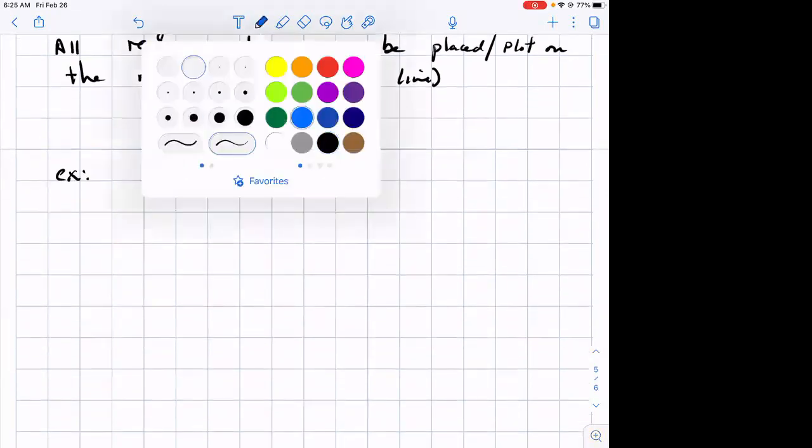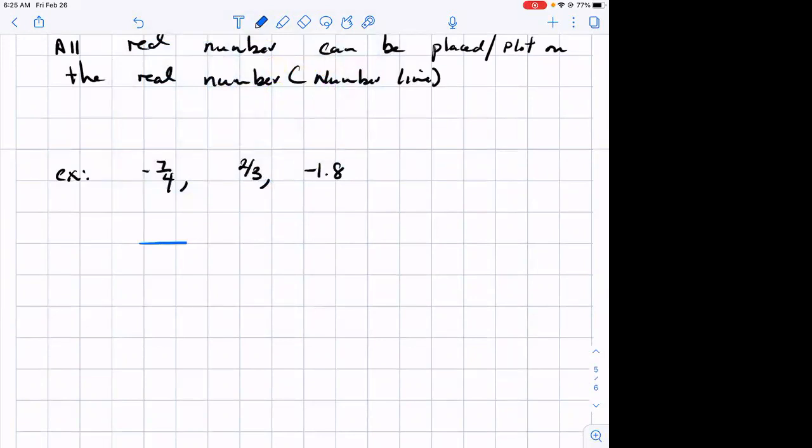The number line is a horizontal, never-ending line, and because it does not end, we put arrows at the ends of it. Somewhere in the middle is 0.